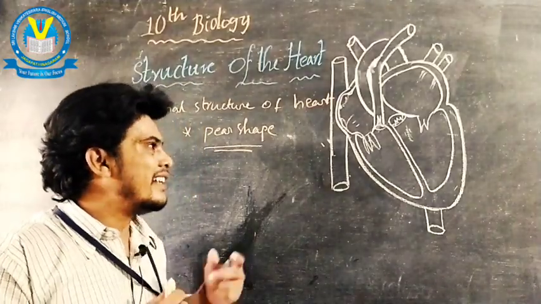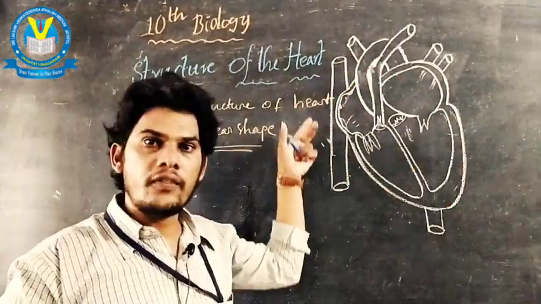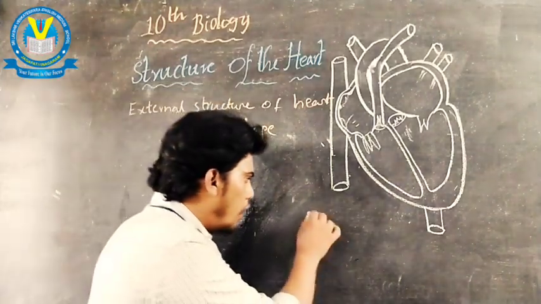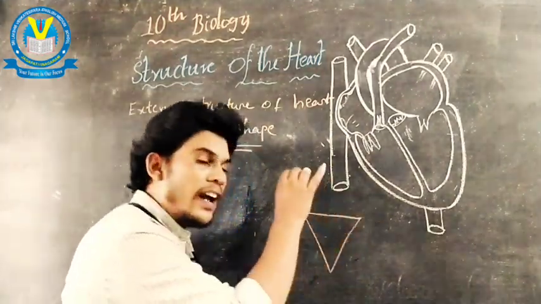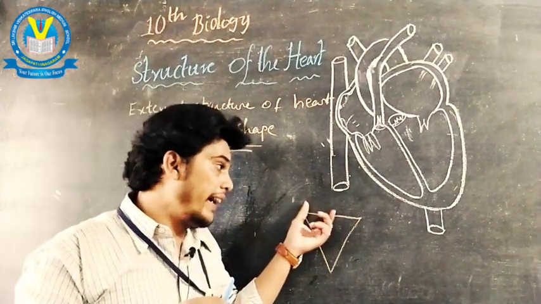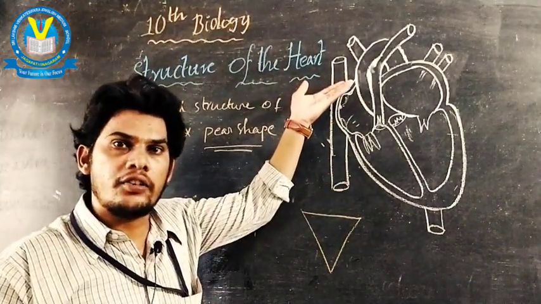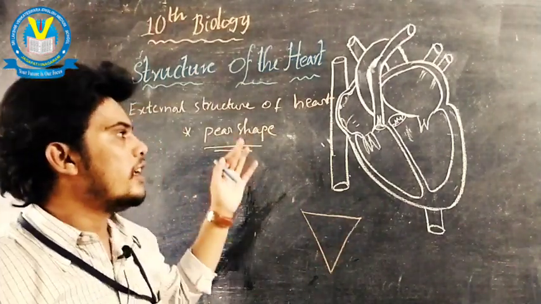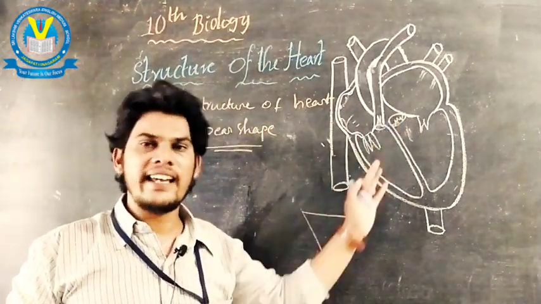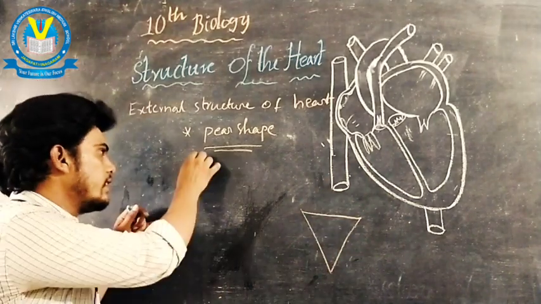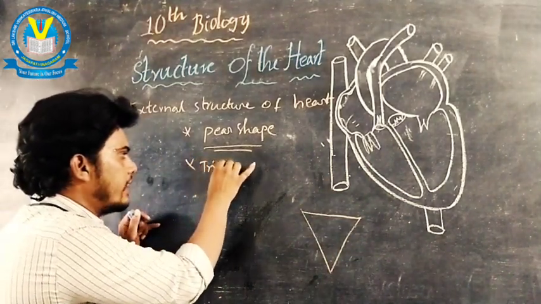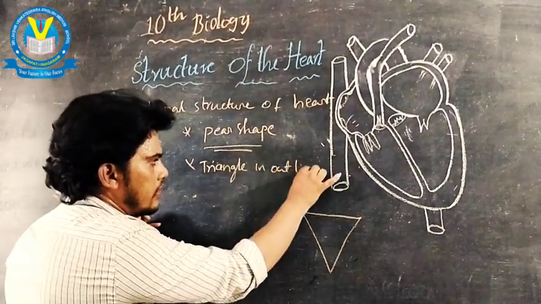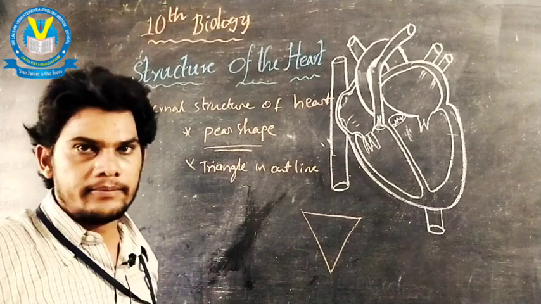If you observe the outer line of the heart, it is triangle in shape, meaning it is wider at the upper part, the anterior part, and narrow at the posterior part. So if you draw an imaginary outer line, it is a triangle.